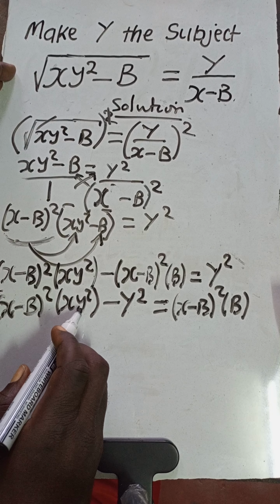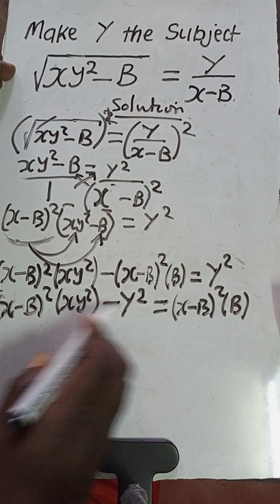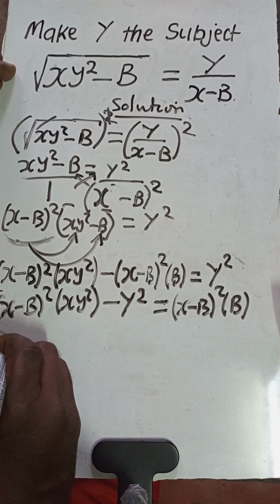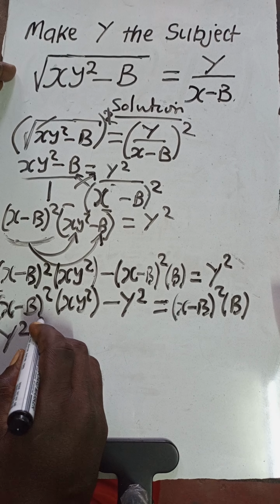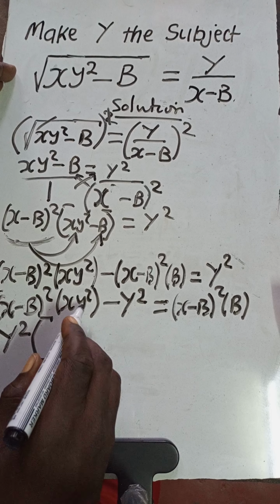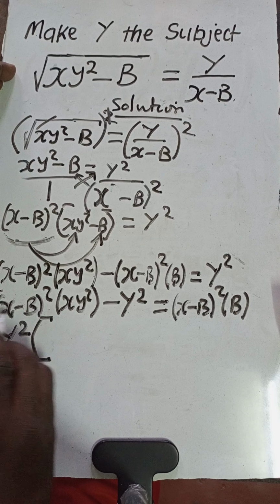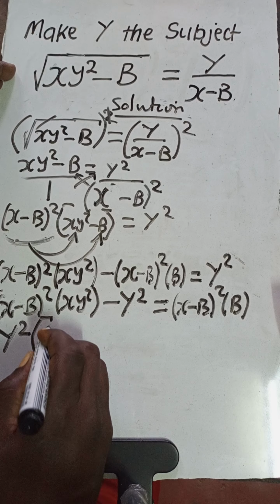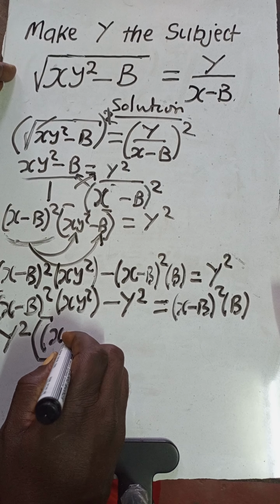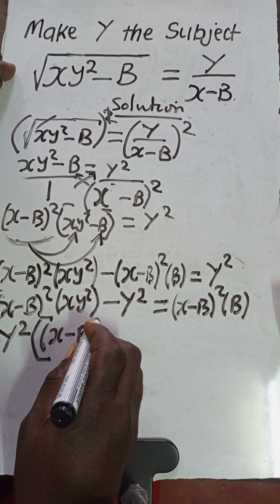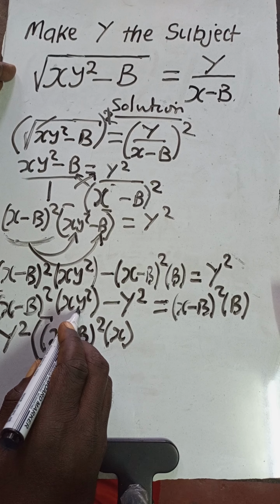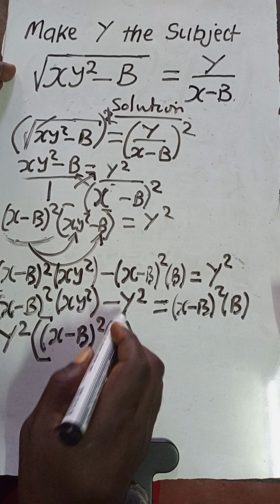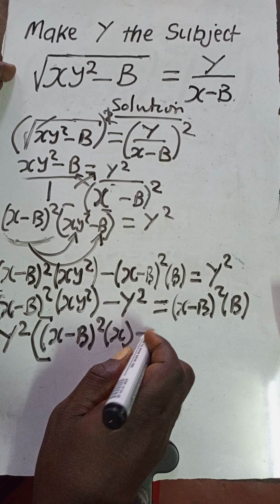Now we can see that y squared is common on this left hand side. So if we factorize out y squared, when we remove y squared from this block, we'll be left with x minus b squared into x, and when we remove y squared here, we'll be left with negative 1.